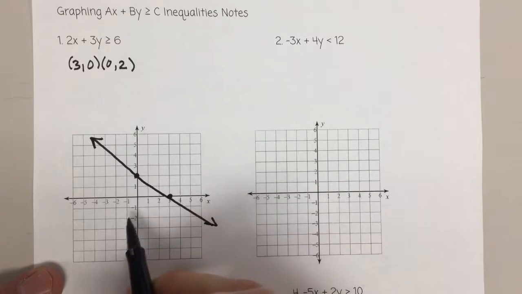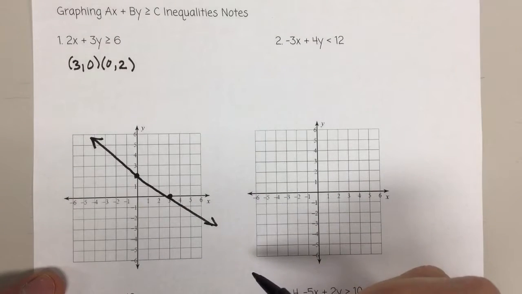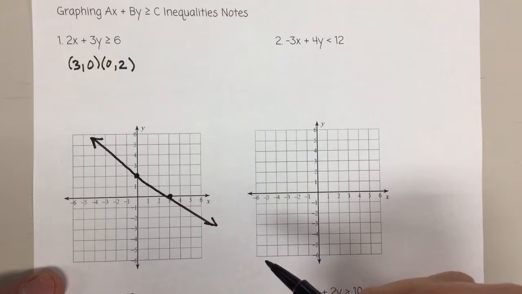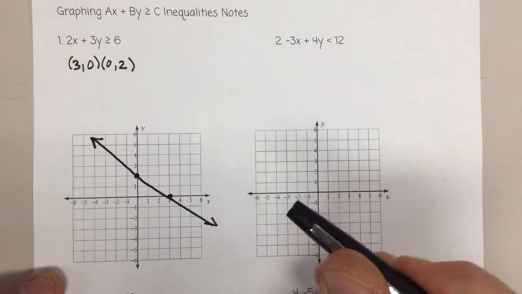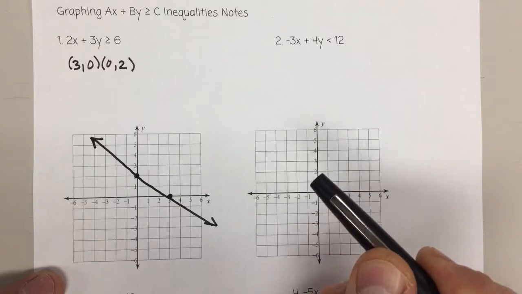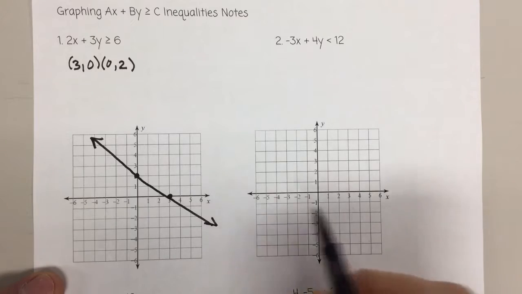So we are going to pick a point on either side of the line, plug it into the inequality, and see if it works. If your point works, that's the side of the graph that you should shade. If your point doesn't work, you should shade the other side of the graph.